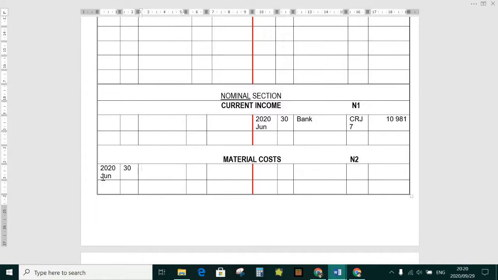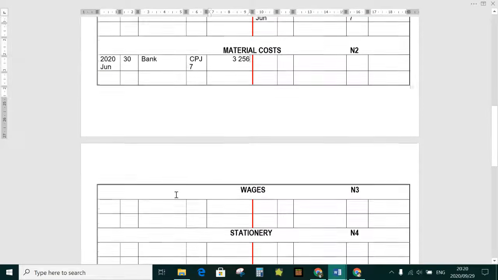What is the partner account? Where did the money come from to pay for material costs? From our bank accounts. What is the journal code? This is coming from CPJ 7. What is the value? What is the total amount of material costs that were bought during the month? 3,256 Rand. We then move on.